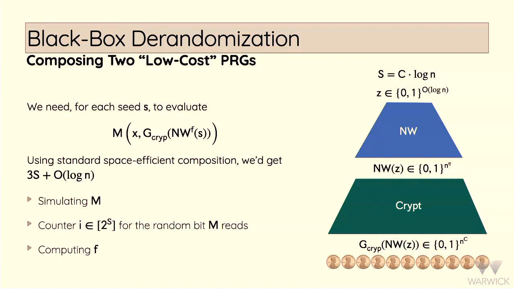And we show that you don't even need a counter for the seeds. So we can even get rid of a dedicated counter to go over all seeds and get this 2s plus O of log n. Okay. I know it was fast, but if you're interested, then please come talk to me afterwards.